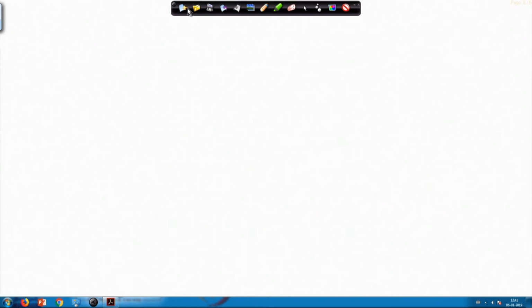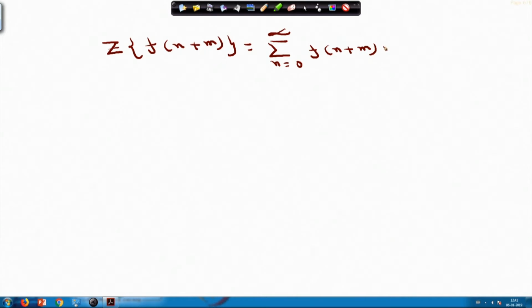Now, let us see the proof of the second part, that is the Z transform of f of n plus m. We will follow steps similar to those we did earlier. So, summation over n equals 0 to infinity f of n plus m z to the power minus n, where m is greater than or equal to 0.